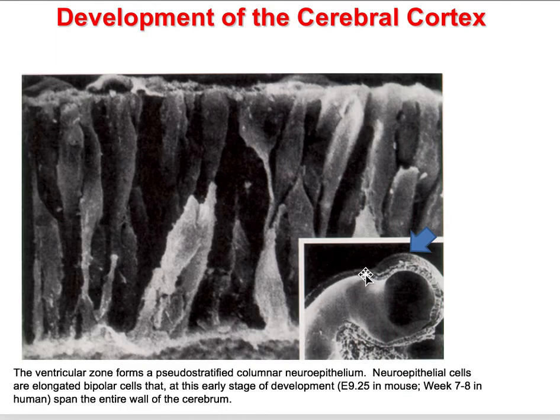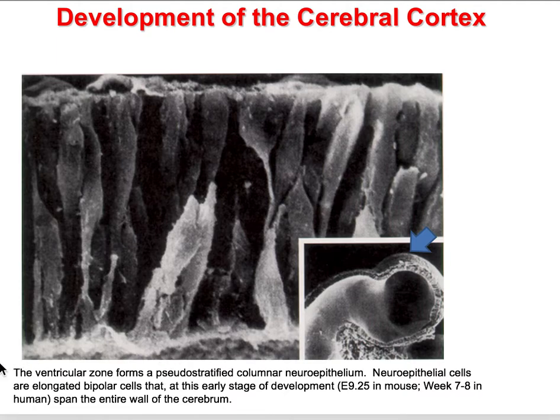This very early stage here is basically an early embryo that's been cracked open. What we're looking at is the interior ventricles or vesicles that are part of the early telencephalon right in here. If we zoom in on this particular area, we would see a single cell layer containing these early neural progenitors or neural stem cells.